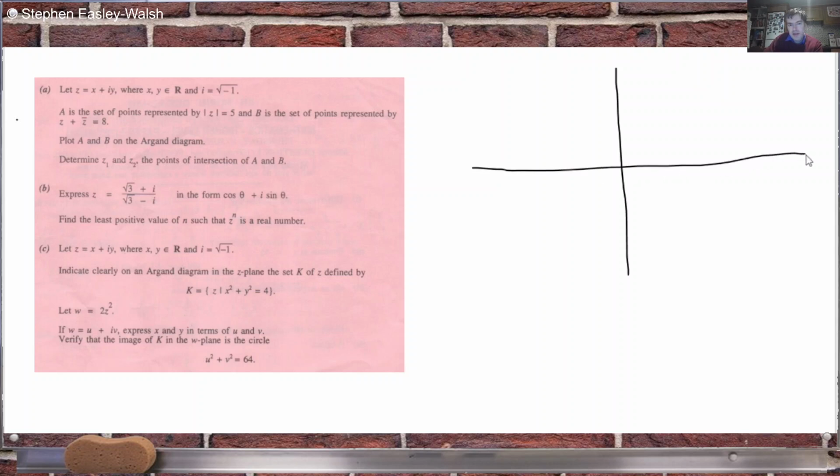So I'm not going to go to the same trouble I did last time of marking everything in nice and neat. Well, maybe I will a little bit. So x squared plus y squared equals 4. Very similar. It's just a circle again, at 4.